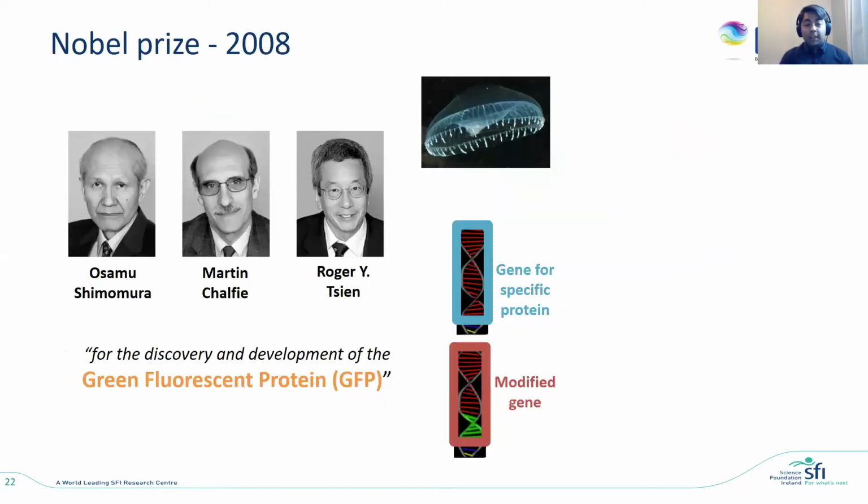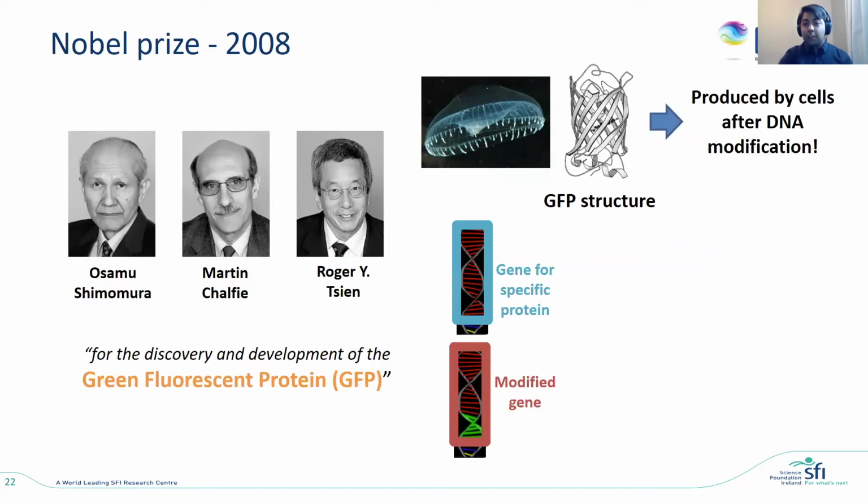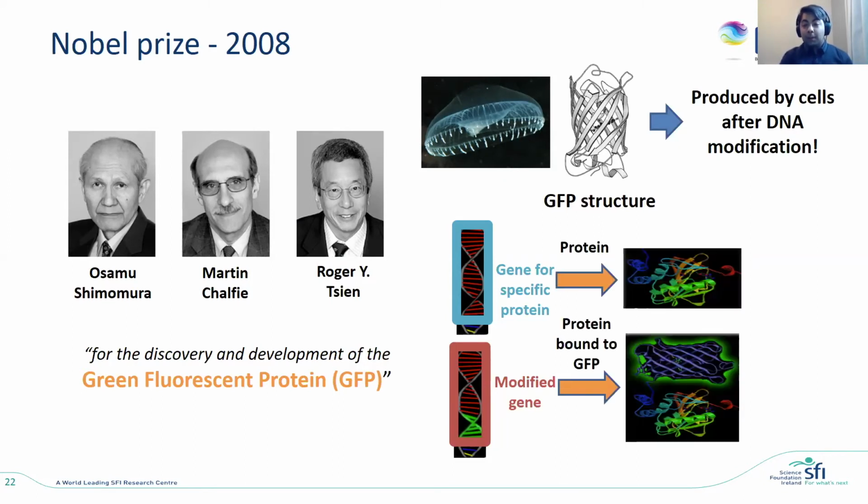The discovery of this technology actually gave the researchers who discovered it a Nobel Prize in 2008. What they did is that they found a DNA that produced the GFP, or green fluorescent protein, in jellyfish, and by looking at this DNA, they were able to have this sequence and modify the DNA of an organism so that it would produce this GFP.